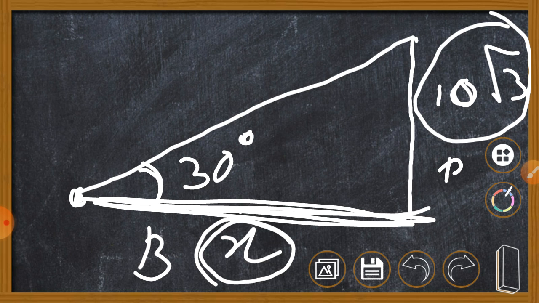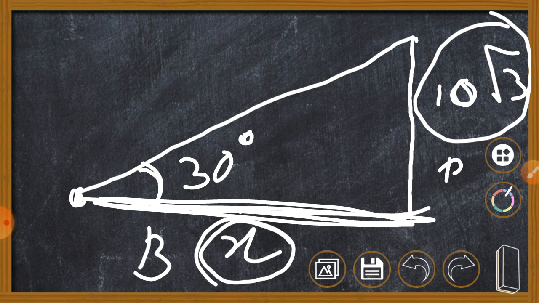Now out of sine, cos and tan, think about a trigonometric ratio which has both perpendicular and base. Sine theta doesn't have base, because sine theta is perpendicular and hypotenuse, and we are not supposed to find the hypotenuse.